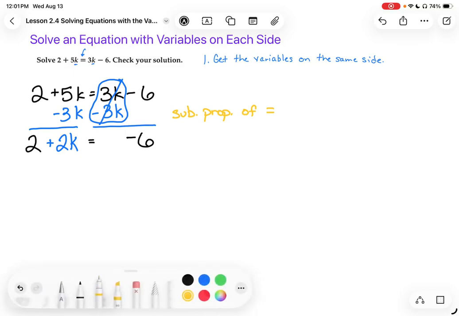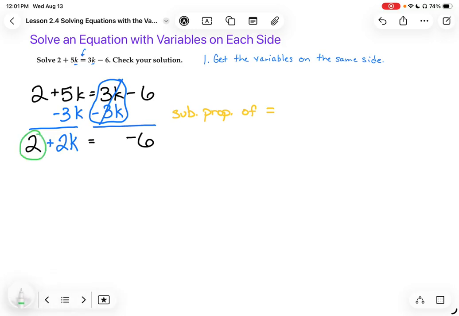Well, we can either subtract 2 on both sides to get rid of that 2, or we can divide everything by 2 to get rid of that 2. Either one of those would be acceptable for us, but in general, it's easier to get rid of the addition and subtraction first. In this particular problem, it doesn't matter because everything is divisible by 2, but we're going to stick to our usual habits and get rid of the addition and subtraction first.